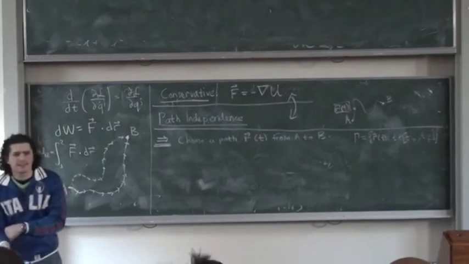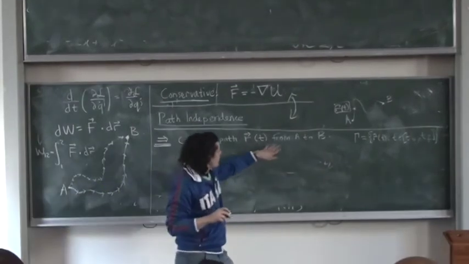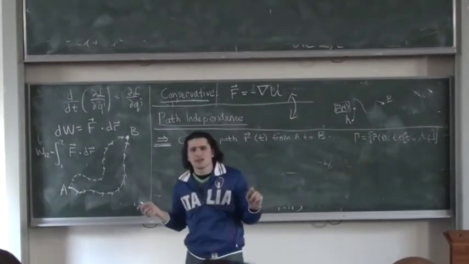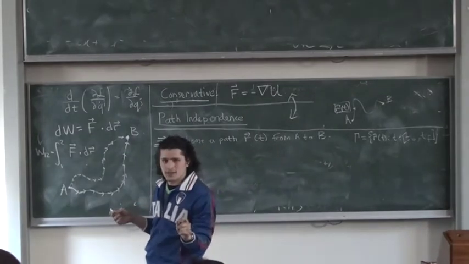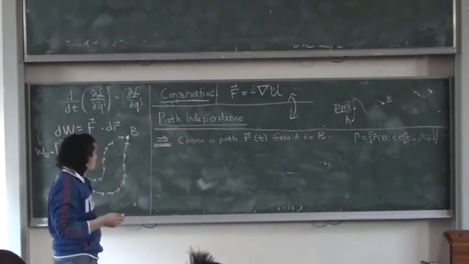Now we want to show that no matter what this path is, only the fact that it goes from A to B is important for the work done. So what is the work done?